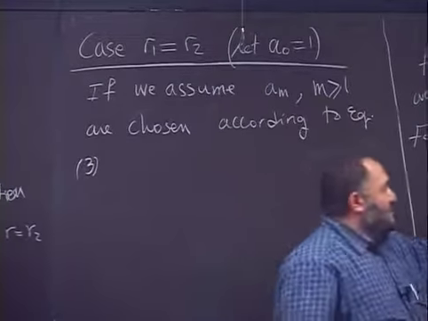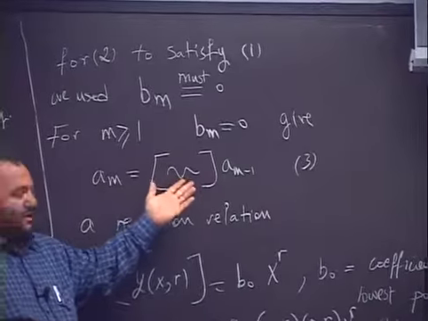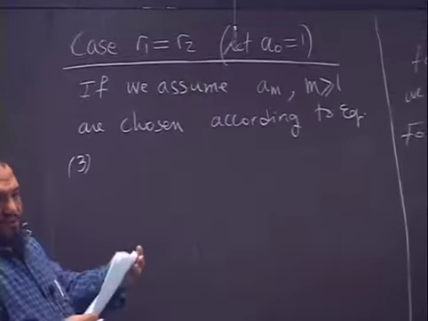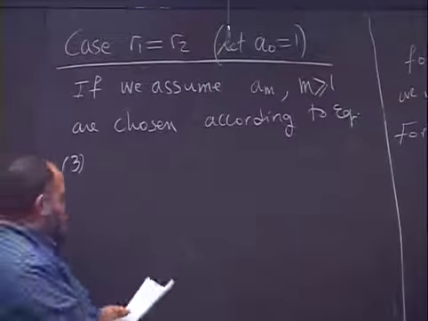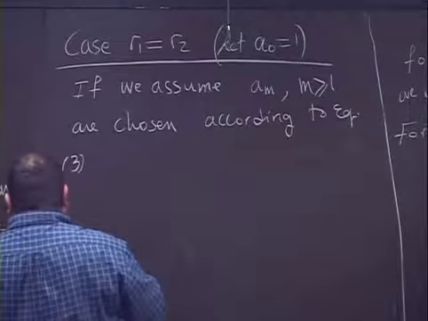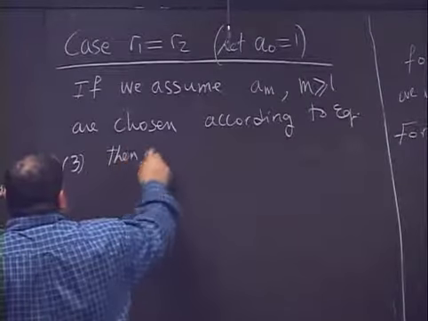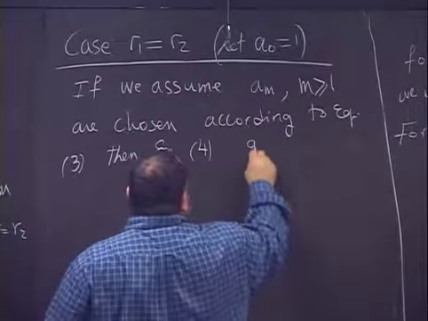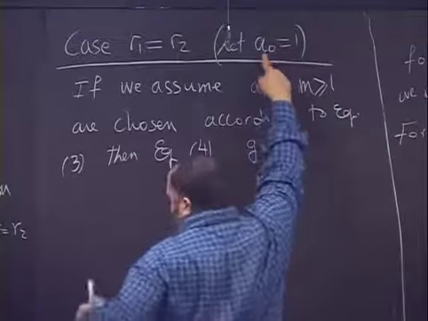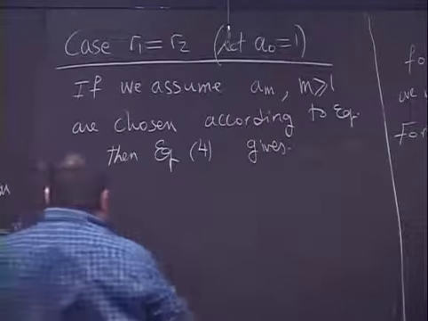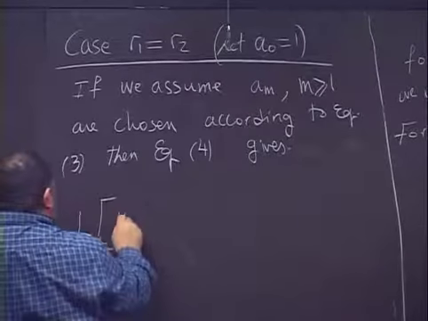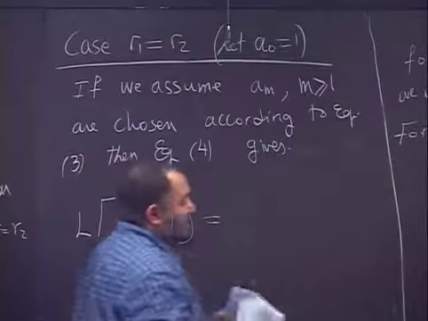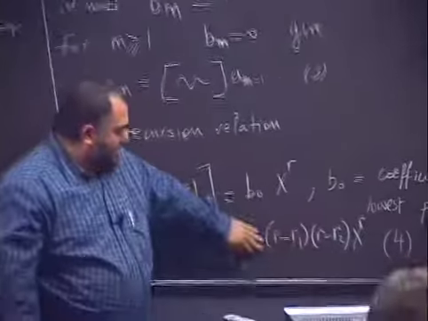We do not know what the form of the function is here for the recurrence relation. So if you return back to your last couple of lectures, there are lots of forms that we obtained from solving different differential equations. So if we assume that it will be governed by this, then equation 4 will give us, when we pick a naught equal to 1, L y of x and r equal to the following: this is the remaining.